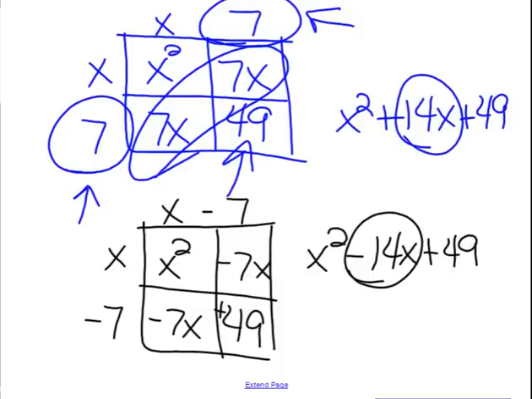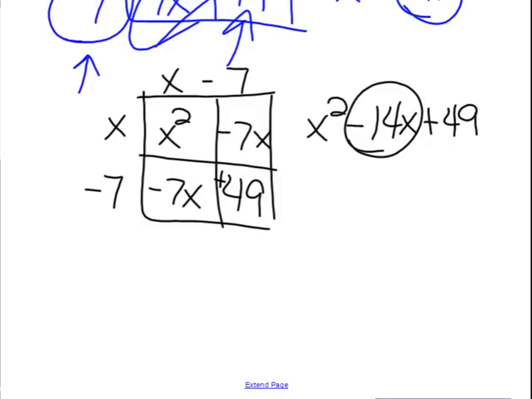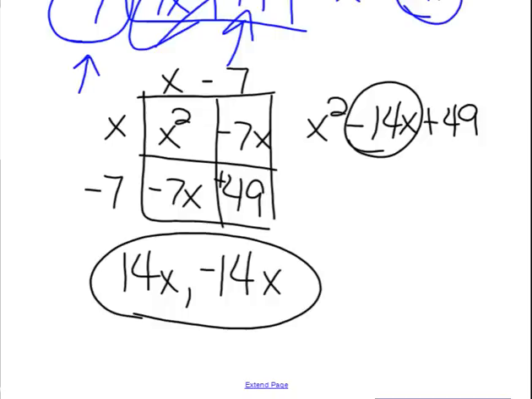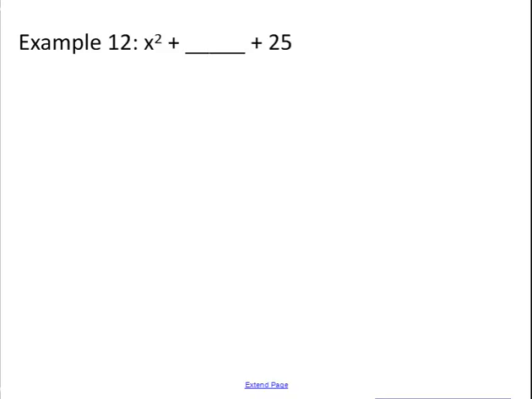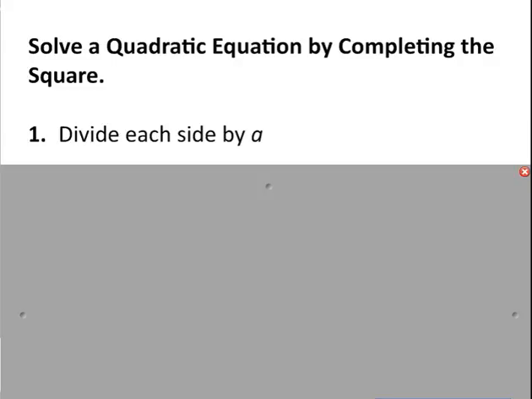Missing term would be a negative 14x. So in this case, there's actually two answers. The missing term is a positive 14x, but you could also put a negative 14x in there as well. You do need both. Example 12, you're going to do on your own, and example 13, and example 14.